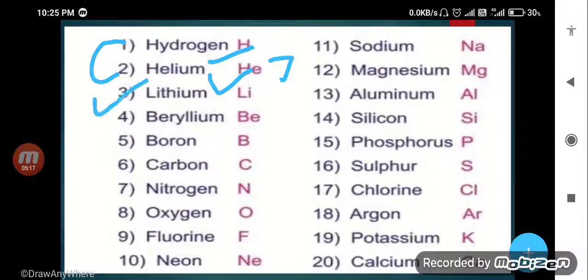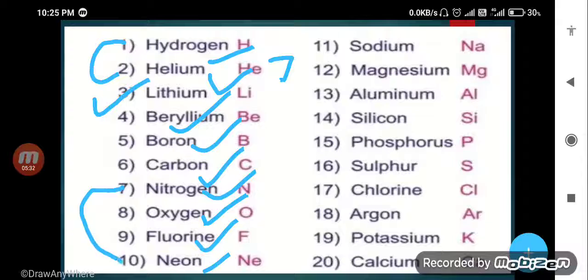Similarly, lithium, Li, beryllium, boron, carbon, nitrogen, oxygen, fluorine and neon, Ne. And what makes the difference between nitrogen and neon? Both start with the same alphabet N. So, in the case of neon we write the second letter e, but it must be written in small form, and that makes the difference.